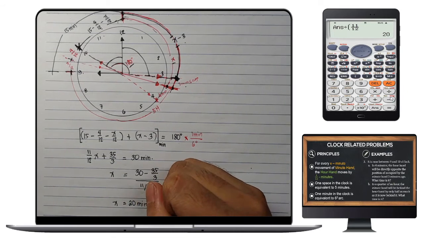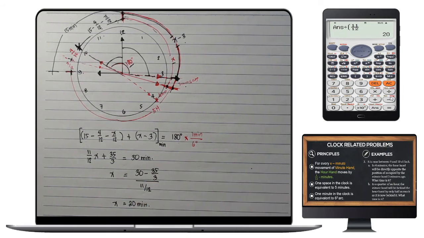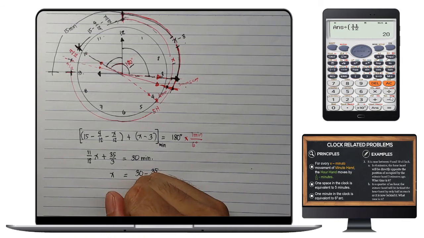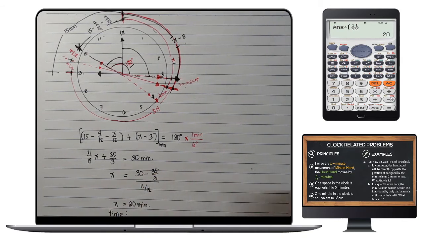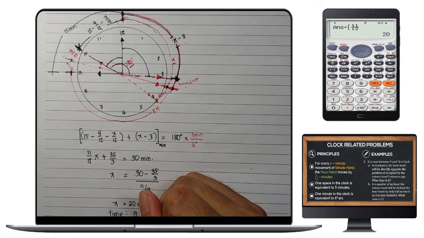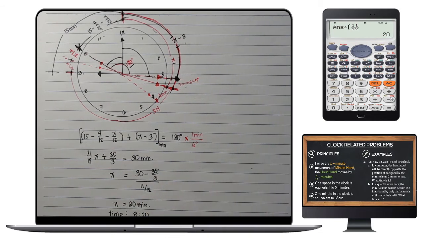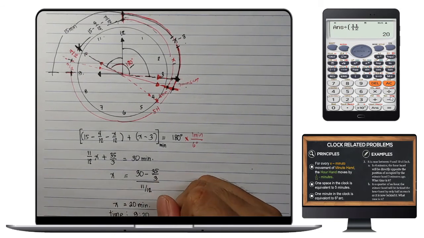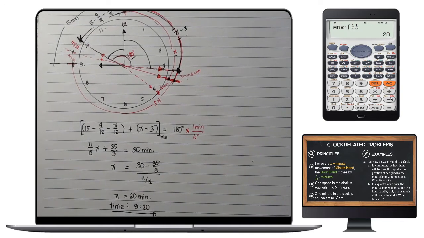So 20 minutes. What time is it? The time between 9 o'clock and 10 o'clock is exactly 9:20. We cannot say if it is AM or PM.